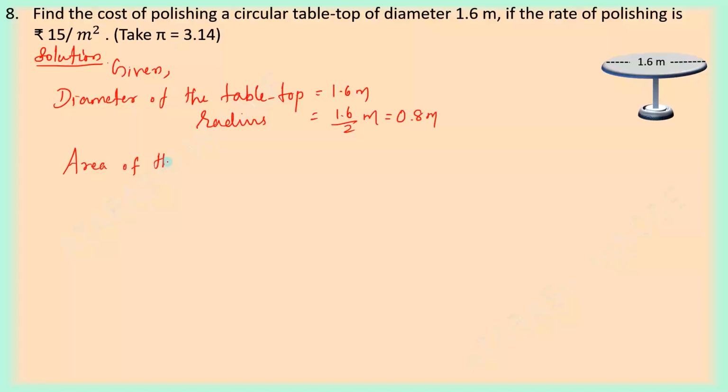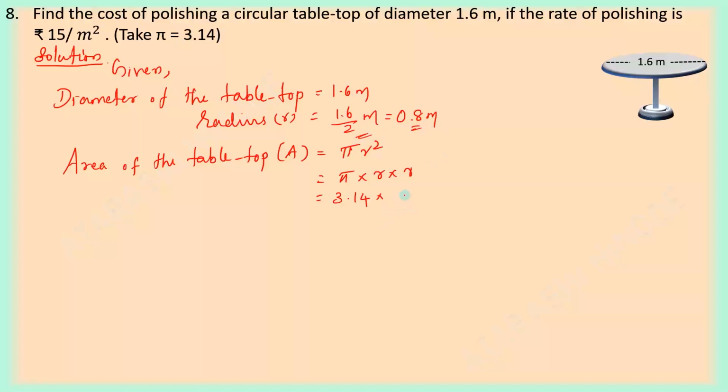Now, area of the tabletop equal to, we know the formula, that is pi r square, that is equal to pi into r into r, that is equal to pi is 3.14 into r. What is radius? You can write 1.6 by 2 or 0.8.